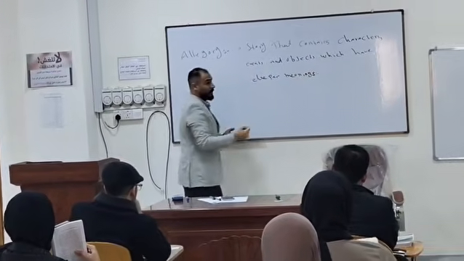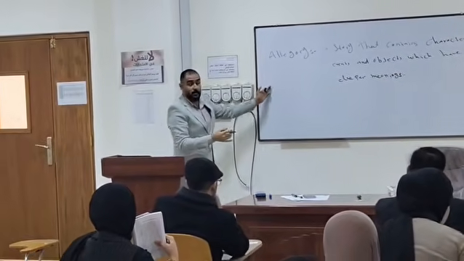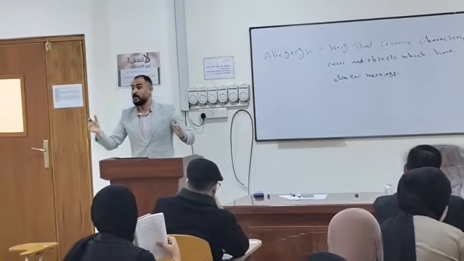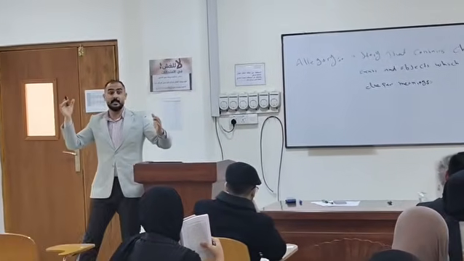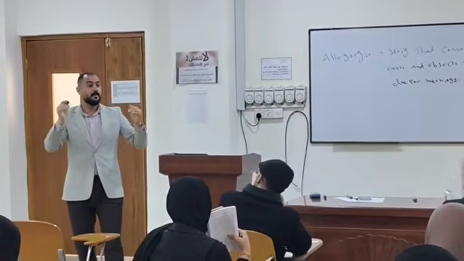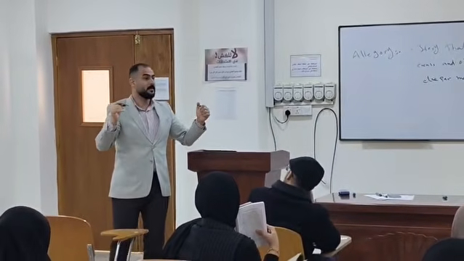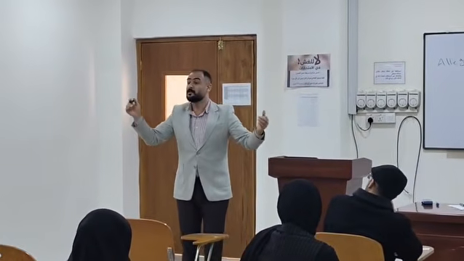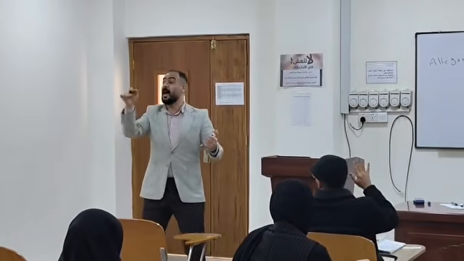Okay? So, there are two parts of an allegory. The first one is the literal meaning. What's meant by the literal meaning? The literal meaning is whatever happens or takes place within the running or the development of the novel. Okay?